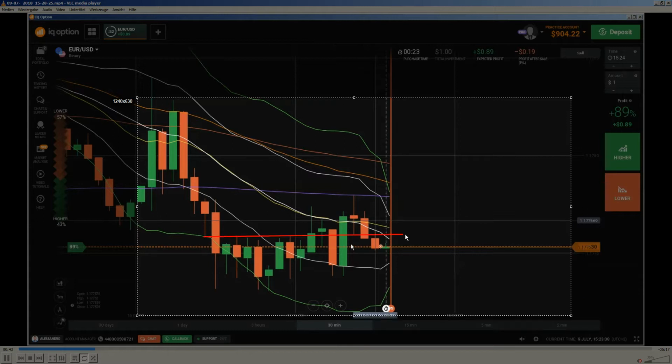Look at this. I will draw a horizontal line from this level, and you see how often this area acted as support, resistance, resistance, resistance, resistance, support, and now we break through this, and that is what I'm always telling you.